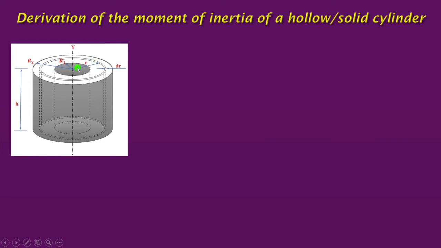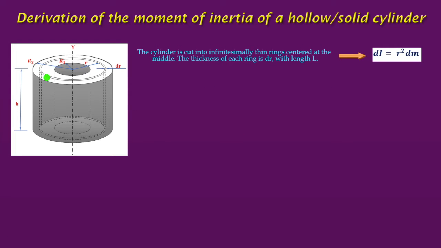The distance of this cylinder from the origin is small r, which is variable. The r is varying from capital R1 to capital R2. Consider the cross section of the cylinder as a ring. The thickness of this ring is dr, and the height of the cylinder is h.